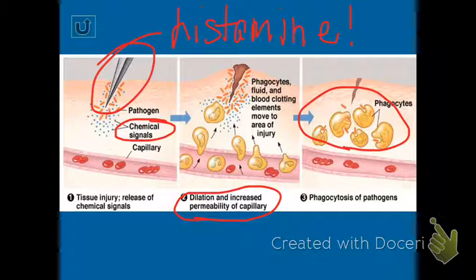The response, or what you notice when you have inflammation going on, is because you have increased permeability in the capillary, you're going to end up with fluid building up in the area, so the area will look swollen. Sometimes that swollen area will irritate nerve endings, which will make it itchy, possibly.